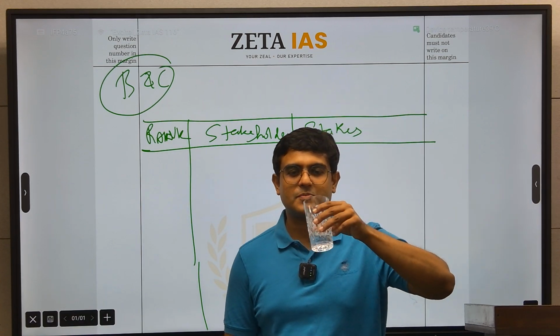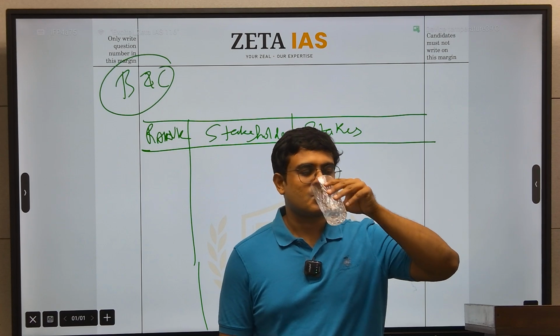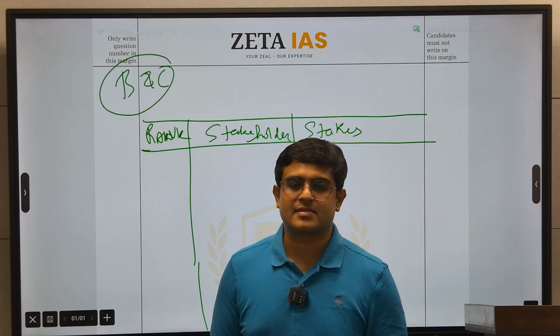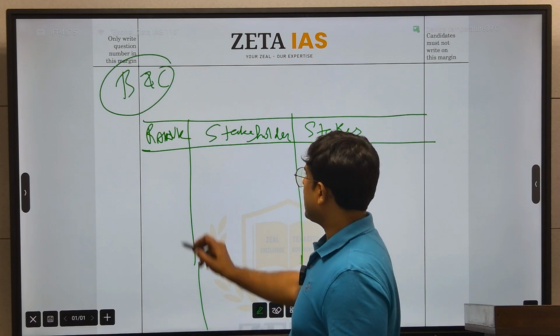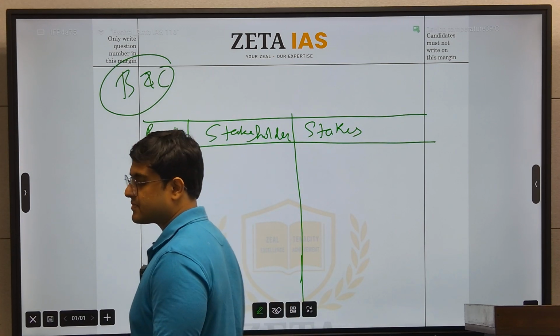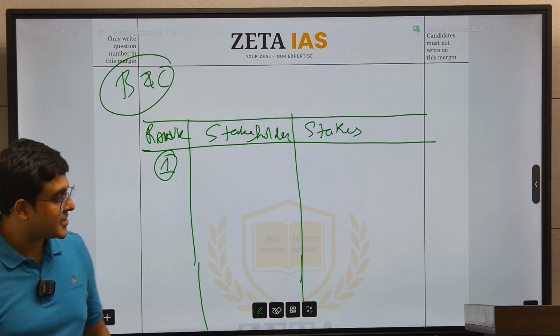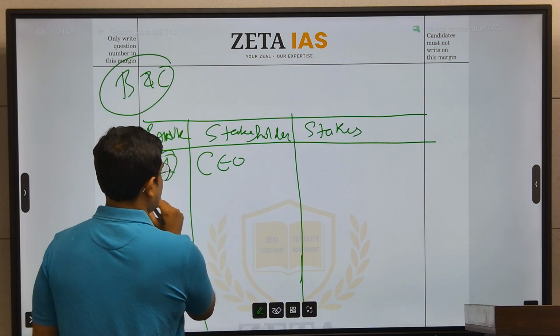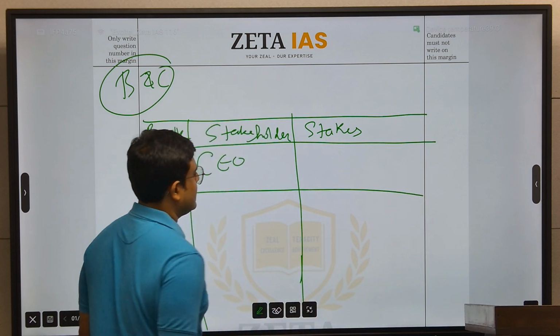Who is the most important stakeholder? Who is the most important stakeholder in this case? Rank 1. The CEO is the most important stakeholder. Okay.